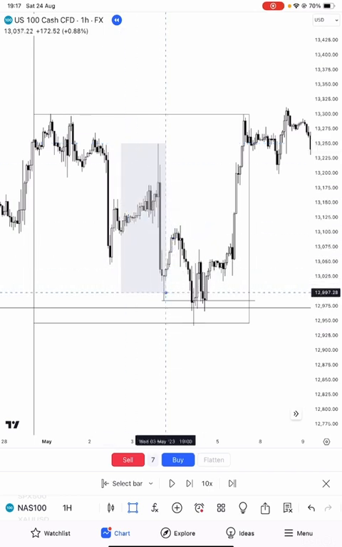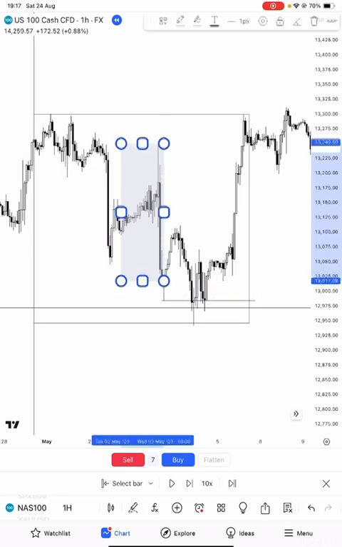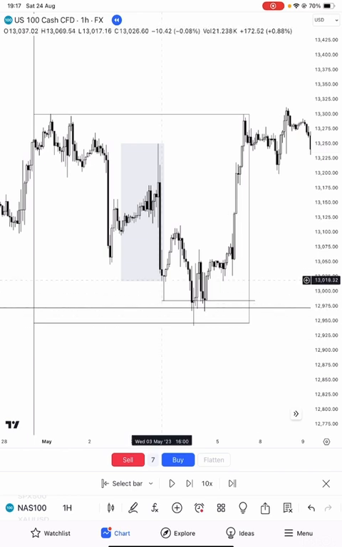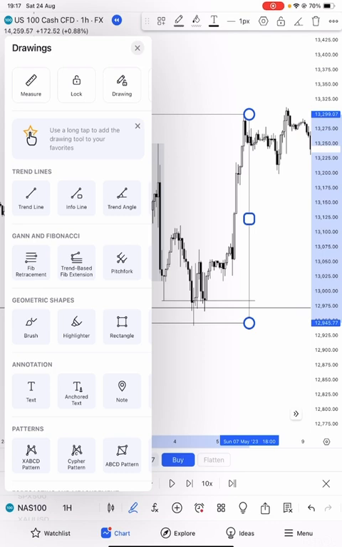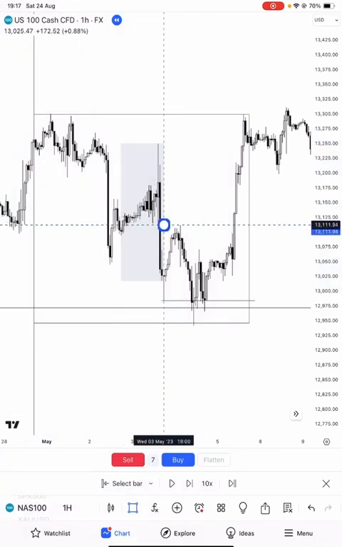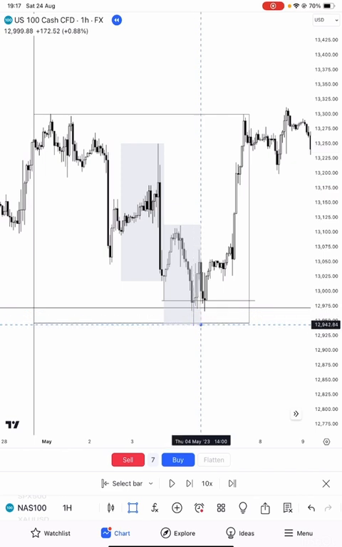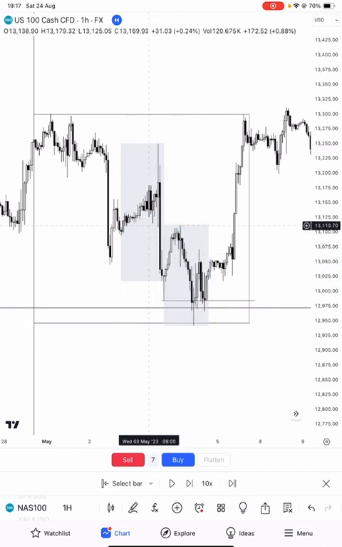So Wednesday, 18. Here, this is Wednesday low, then Tuesday open, go down, Tuesday sweep at time range.